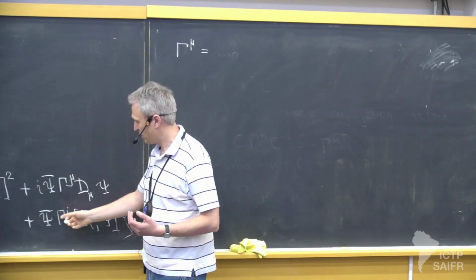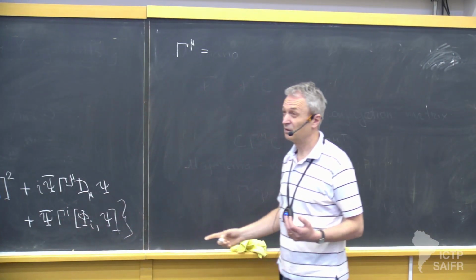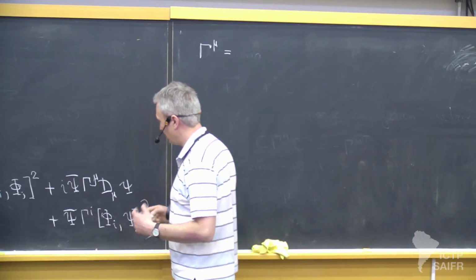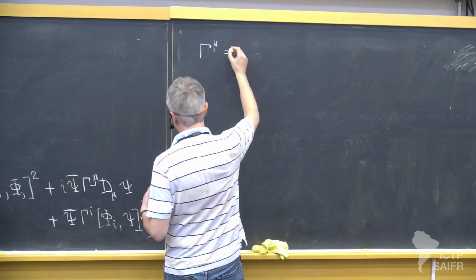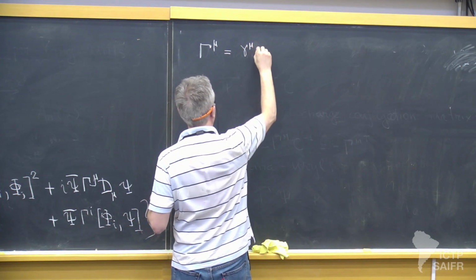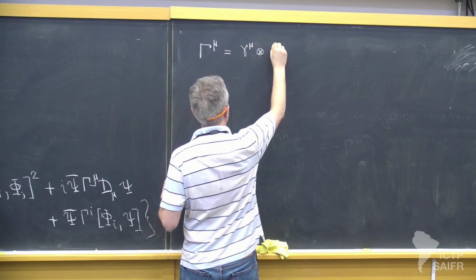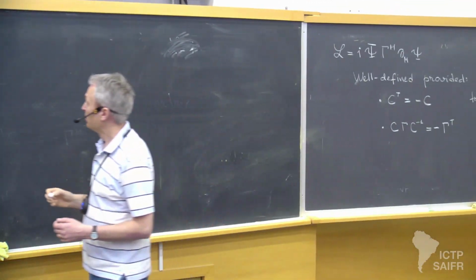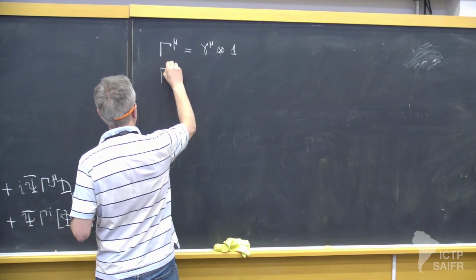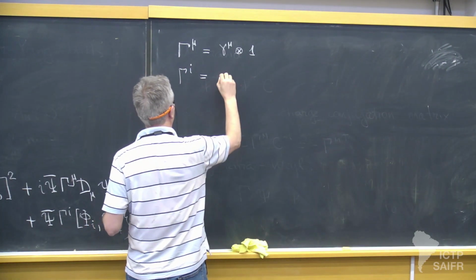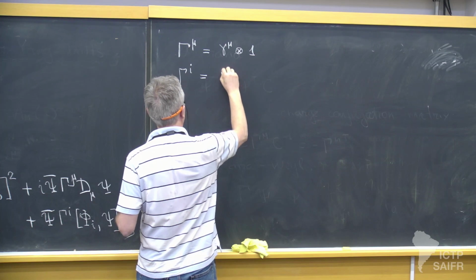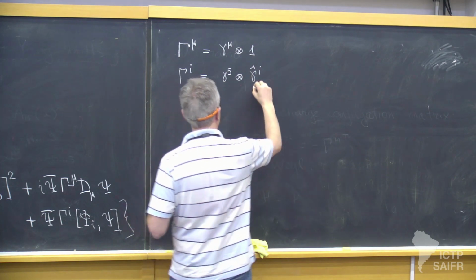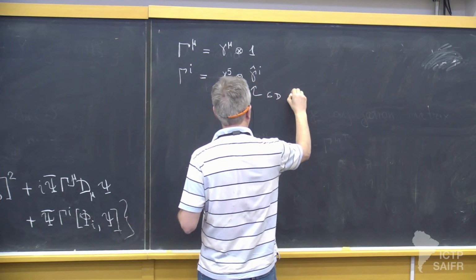Originally, these matrices form a 10-dimensional Clifford algebra, and we need to make sure that this is respected. The simplest way to do it, which is again not unique, but just simple, is to write them as a tensor product. So for instance, this ansatz works. These are the 6D Dirac matrices.